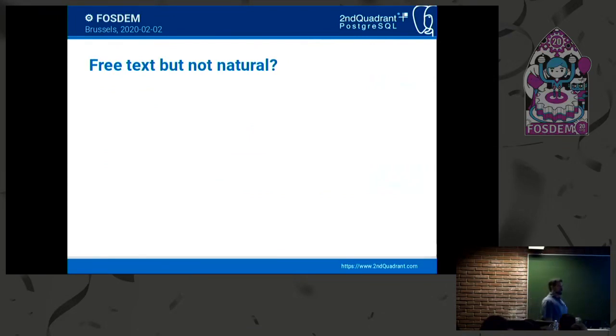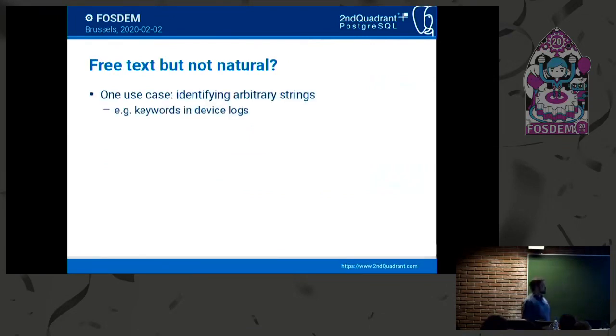Now, one use case that I came across this year was free text that was not natural text. It was a text column that contained arbitrary strings, non-human readable generally, that contained keywords that needed to match something. So basically, the user was searching for strings that he did not know beforehand. So you couldn't index based on those strings.